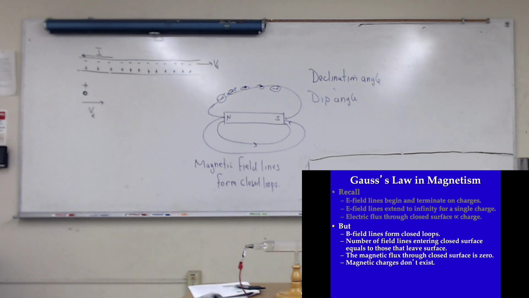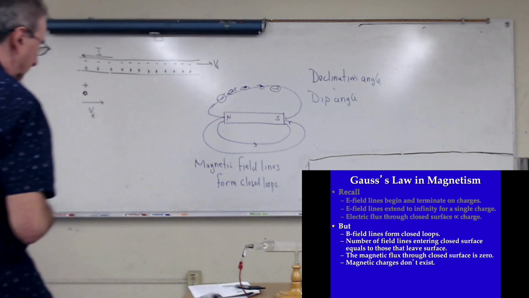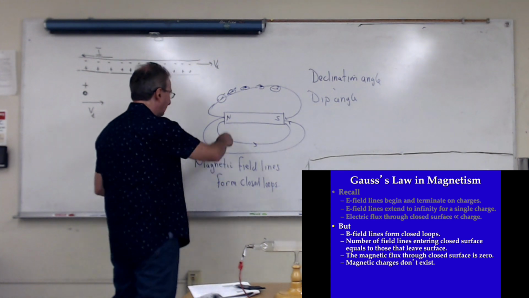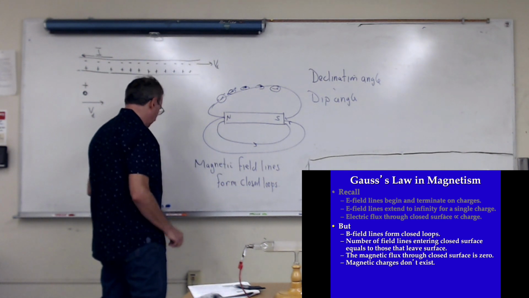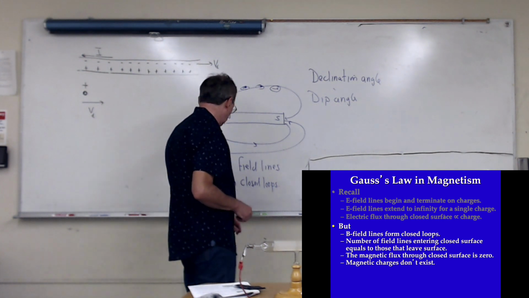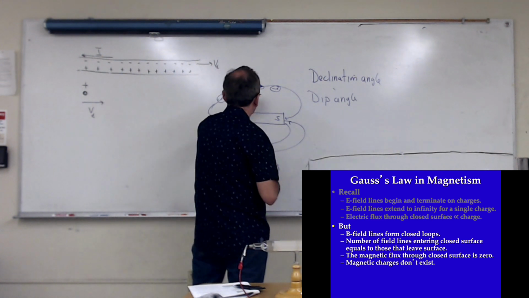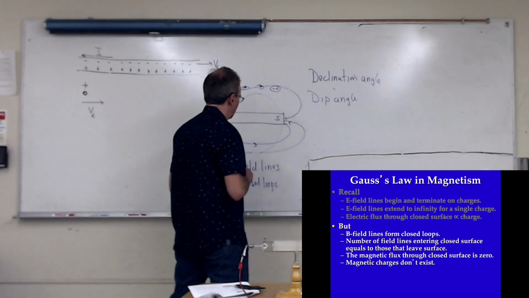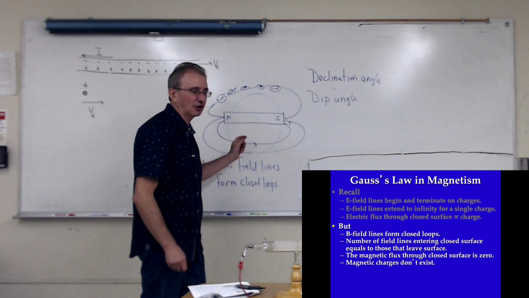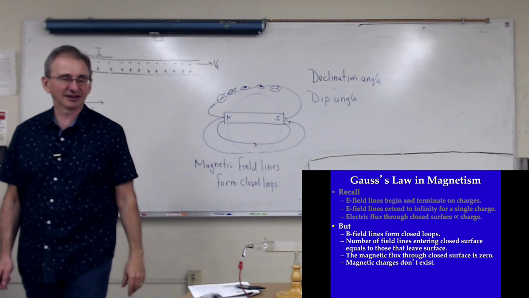The number of field lines entering a closed surface equals the number of field lines leaving the closed surface because they form closed loops. The magnetic flux through a closed surface is zero. So the magnetic flux through any surface that I choose, because they form closed loops, is zero because the number going in equals the number going out.